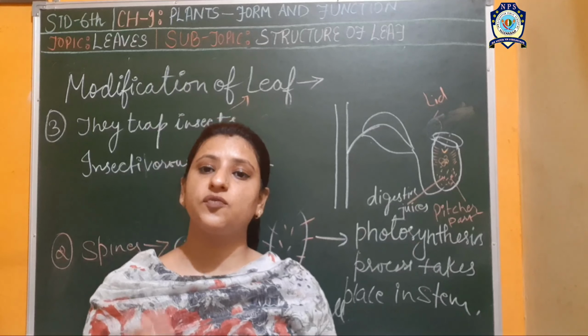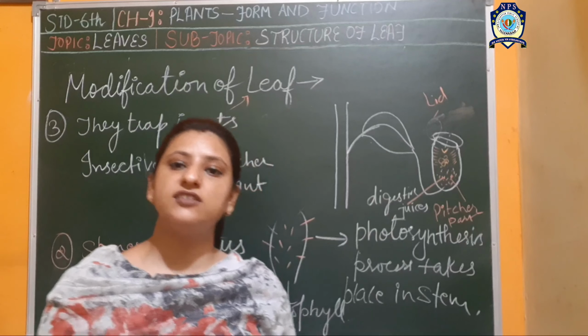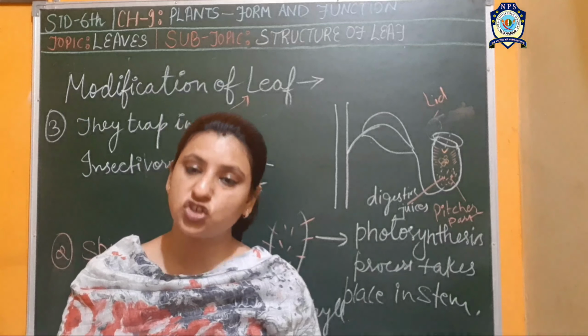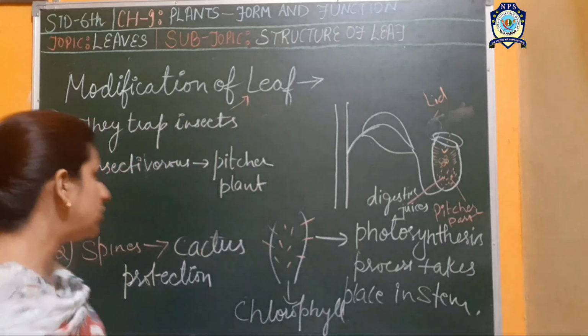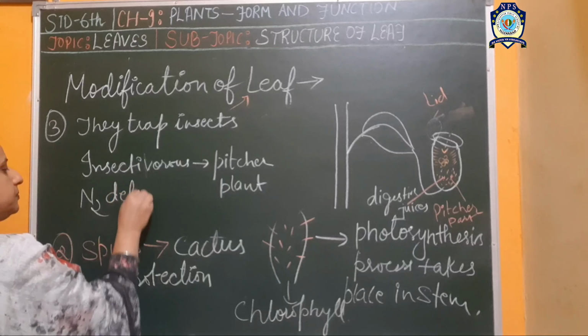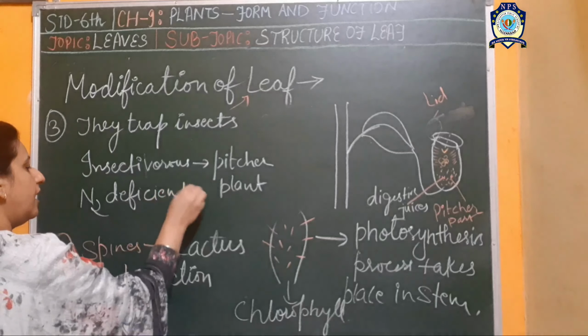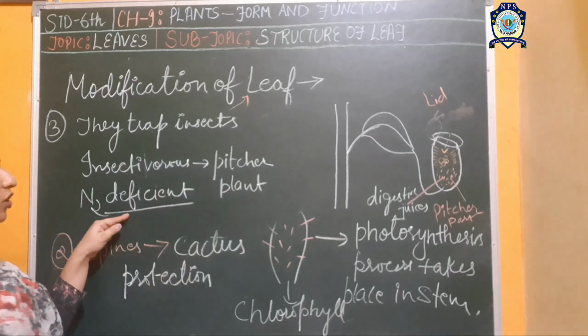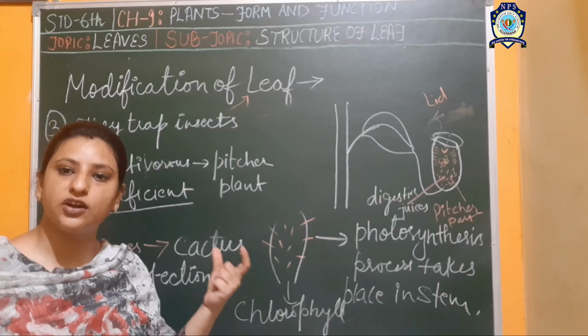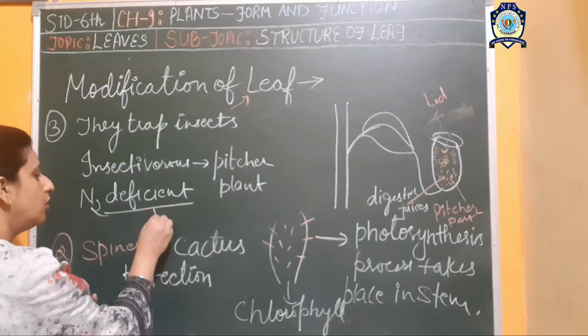Now the question is, why do the insectivorous plants eat insects? Insectivorous plants grow in such soil which is nitrogen deficient. And in nitrogen deficient soil, plants want to have nitrogen because nitrogen helps in the synthesis of what? Proteins.